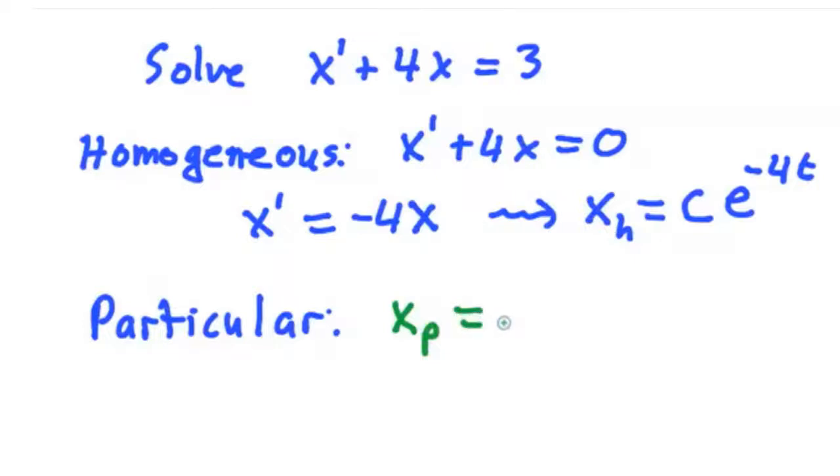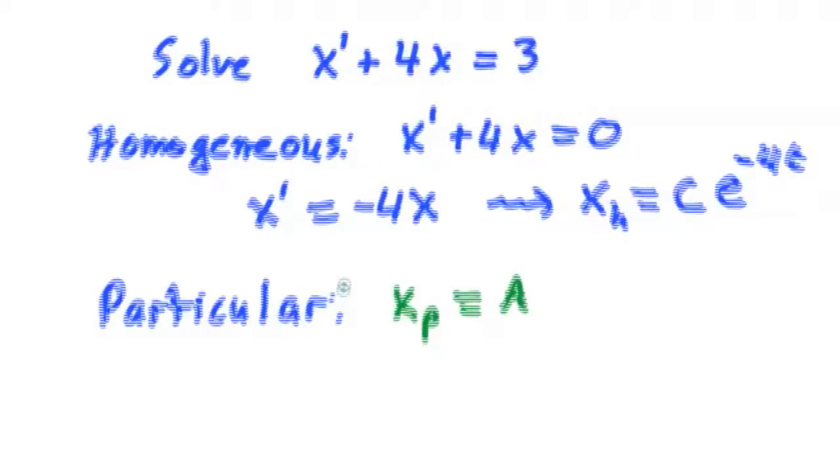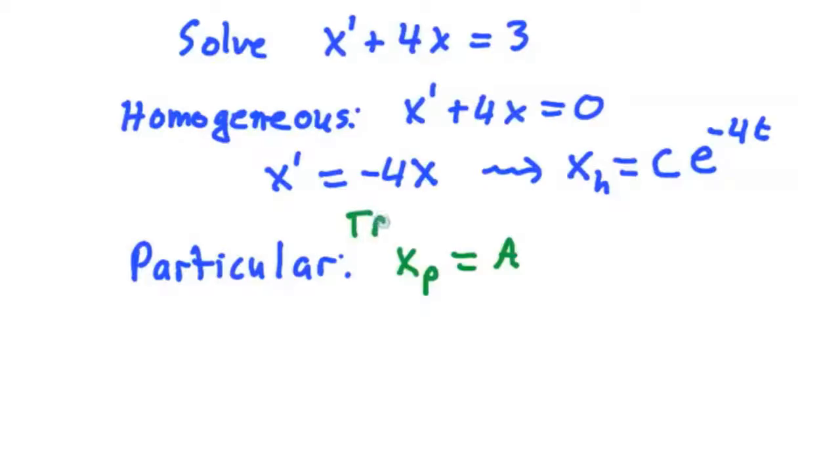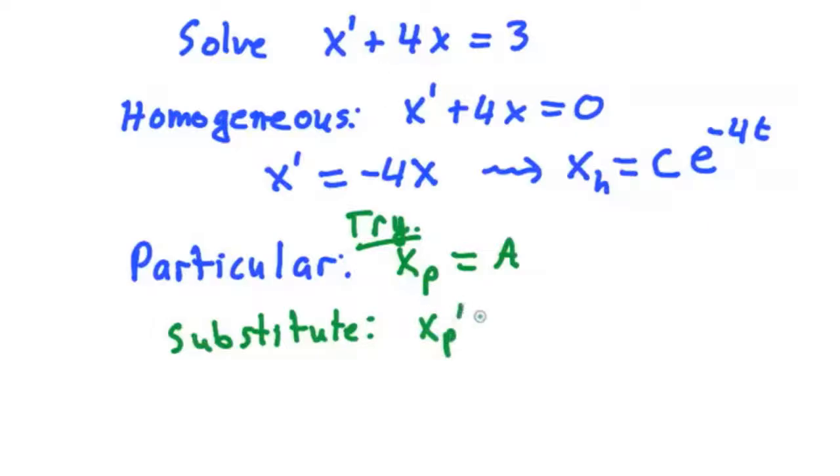We're going to guess a solution of a certain form and then see where the algebra leads us. Since I have a constant on the right-hand side of my differential equation, I'm going to guess x p, p for particular, is a constant. Let's call the constant a. So what I'm officially doing is trying a solution. Well, after you try a solution, the next thing you do is you substitute. That's a formal way of saying you plug what you guessed into the original equation. So I need x p prime plus 4 x p equals 3.